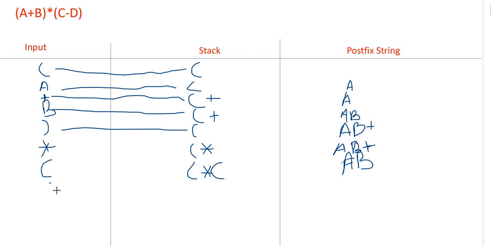After that c will be our input. The stack will be the same because c is an operand. C will be pushed into the string.